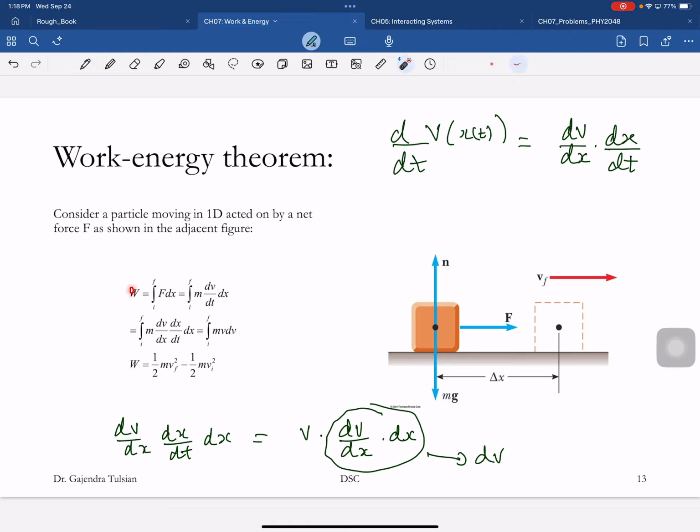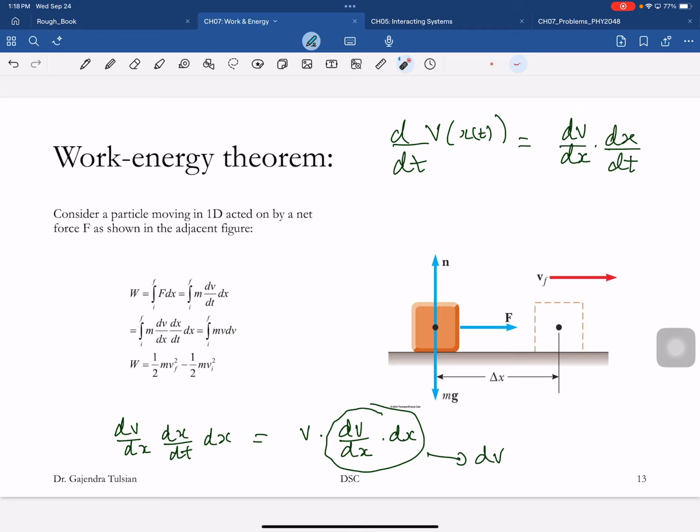So work is mv dv. Essentially what we've done is, this integral was over dx, and what is this integral over? Dv. So we made a change of variables. That's what it amounts to. And this is an integral of v dv.